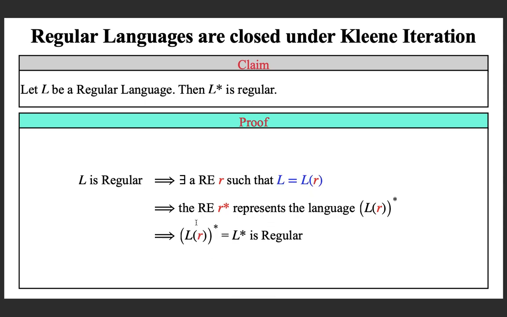That means the star closure of the language, which is L star, is regular because there exists a regular expression for that. And hence we proved that regular languages are closed under Kleene iteration or star closure.